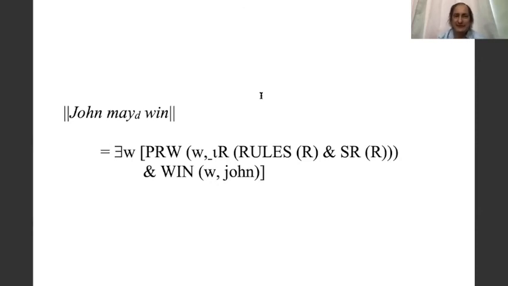So now let's get to the interpretation of the sentence, John may win. We said that may has a deontic interpretation, and so we're going to say that involves a particular form of may. We'll take may to be ambiguous between a deontic interpretation and an epistemic interpretation. This is the deontic one.